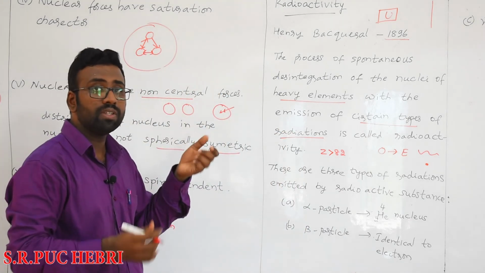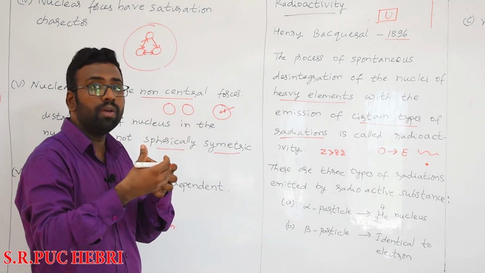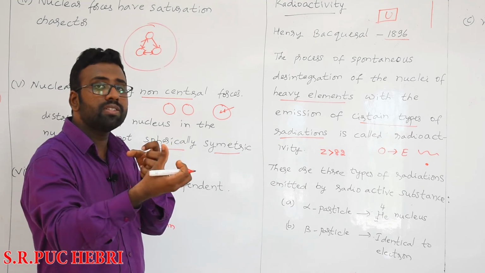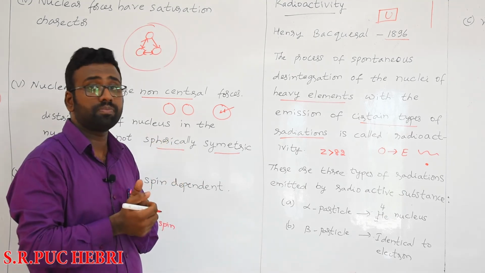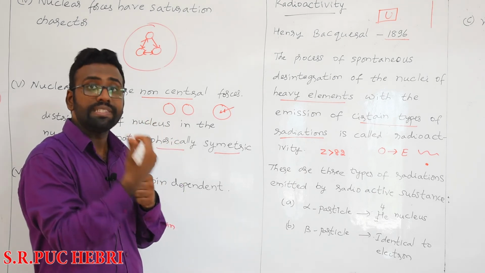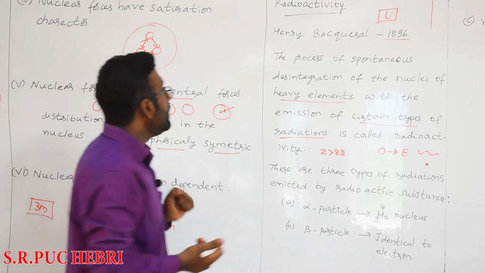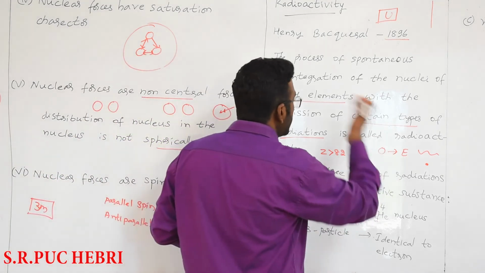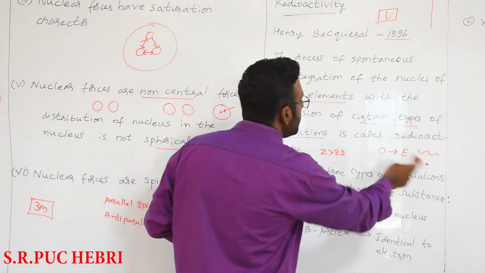Unstable means they have extra energy within them. What they do is they liberate that energy and they get to a stable state. So heavy elements liberate energy and become stable.